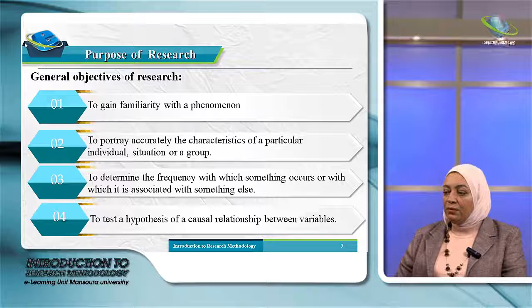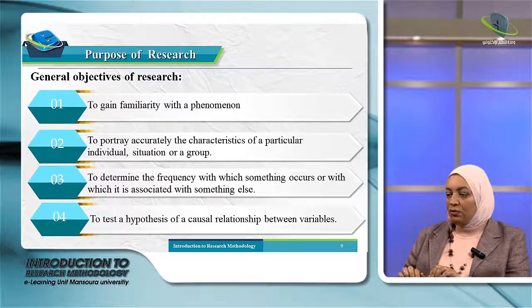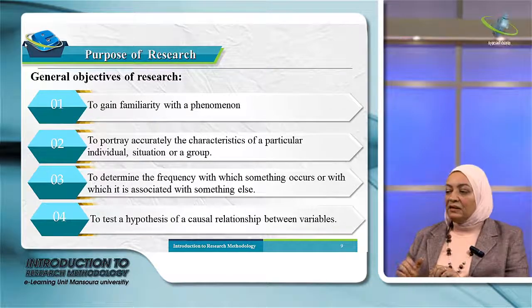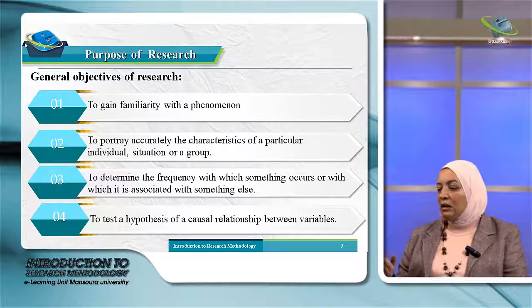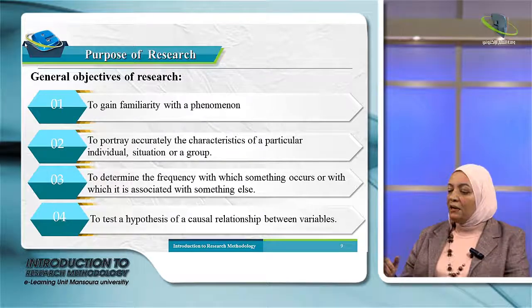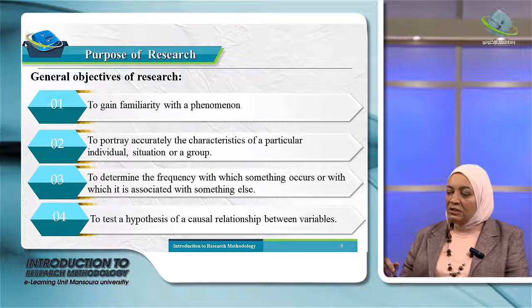To portray accurately the characteristics of a particular individual, situation, or group, such as healthcare providers' characteristics and their experience, whether they received infection control training or not. To determine the frequency with which something occurs or with which it is associated with something else.